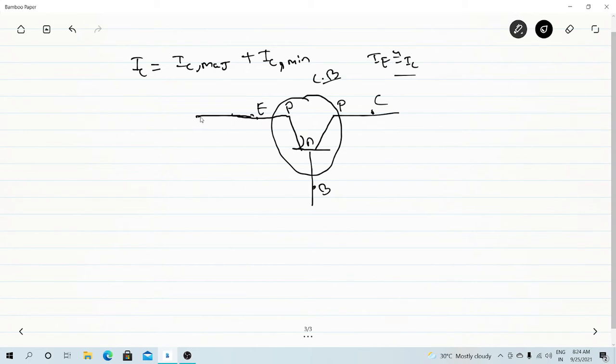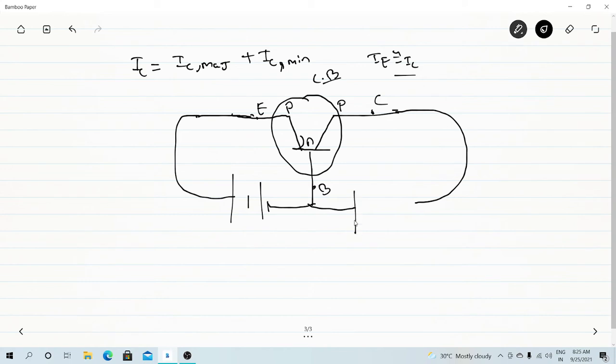So we have to connect this with positive, and this with negative. Similarly for the output section, on the collector side, for reverse biasing we have to make the N side more positive. So this will be the positive terminal, this the negative terminal, like that you can do.